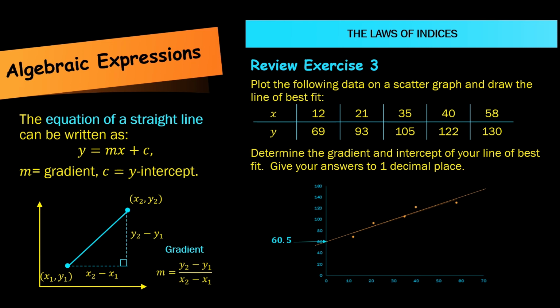What about the gradient? Let's draw a right-angle triangle anywhere along this straight line. The change in y is equal to 27.3. We can simply measure this. And the change in x is equal to 21.